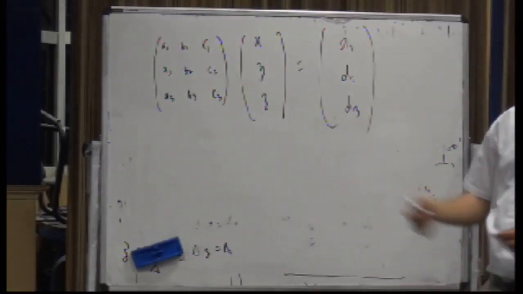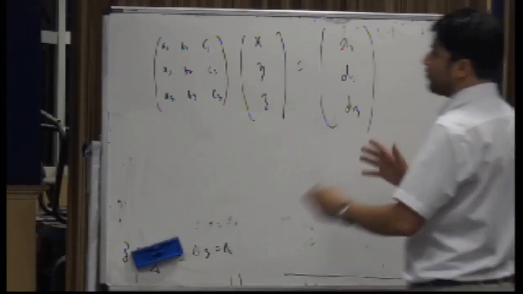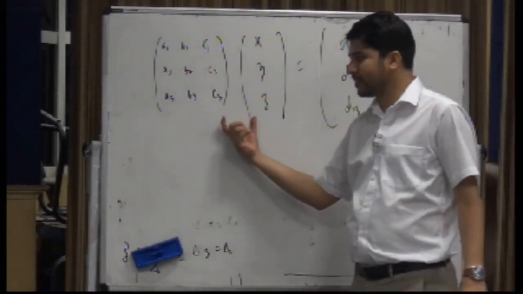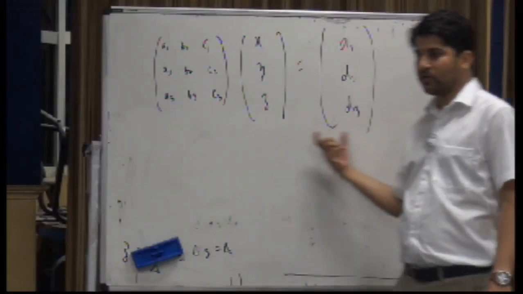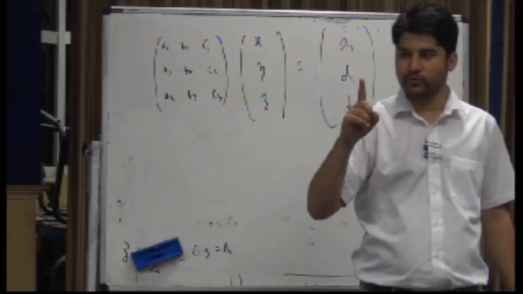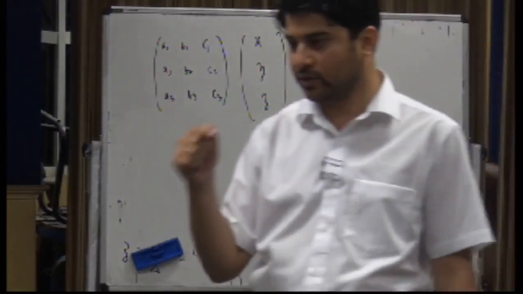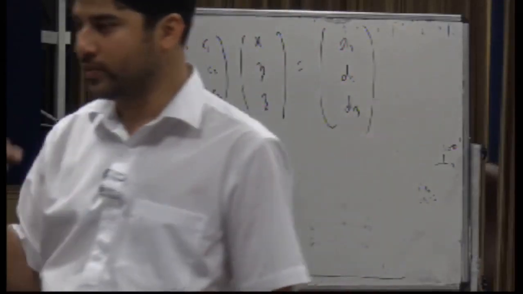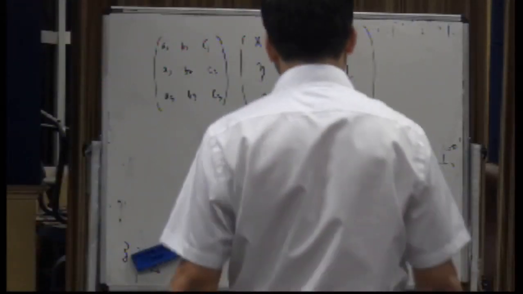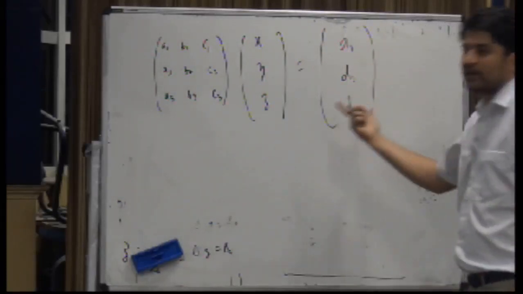Do you understand what it is? If you multiply them, you will get a 3 by 1 matrix, where every element would be a1x plus b1y plus c1z, second would be a2x plus b2y plus c2z, and third similarly, each corresponding to d1, d2, d3, that is the equality of matrices.